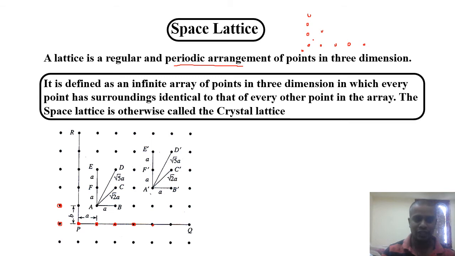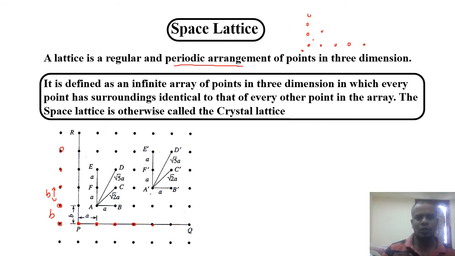Here the points, the distance between two points, if it is b, then the third point as well as the second one, that is also b. Here also it is b. There is one more atom at b from the previous atom. So there is a periodicity in the y direction. There is a periodicity in the x direction.